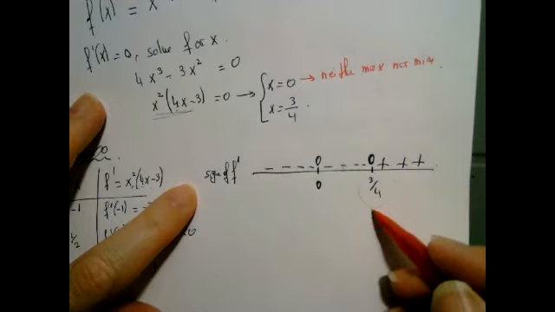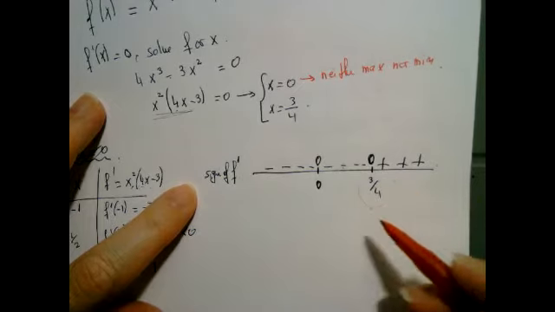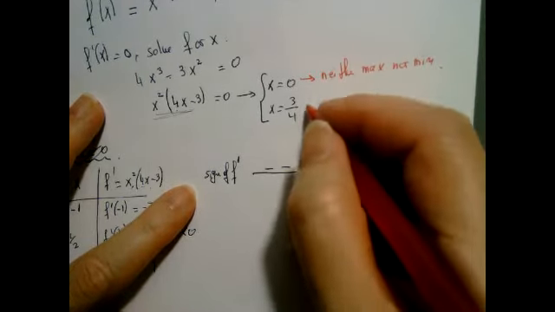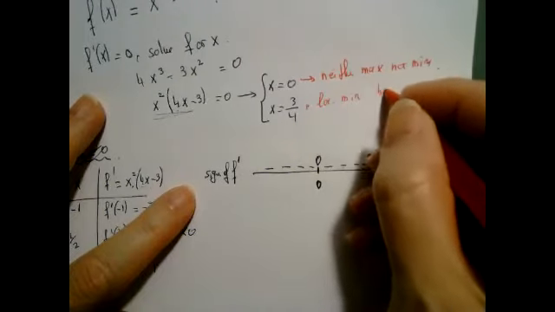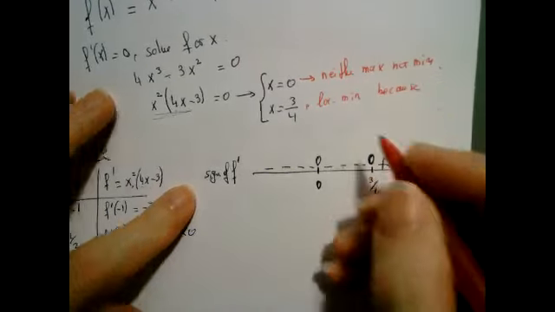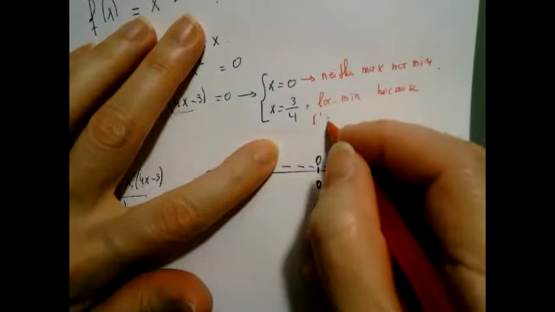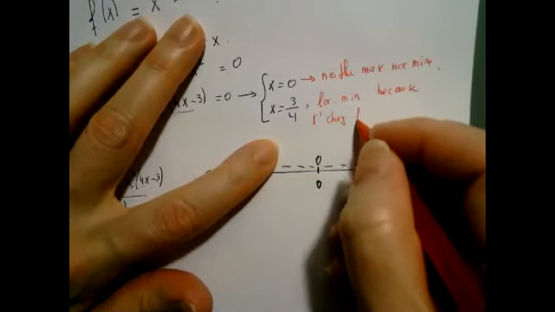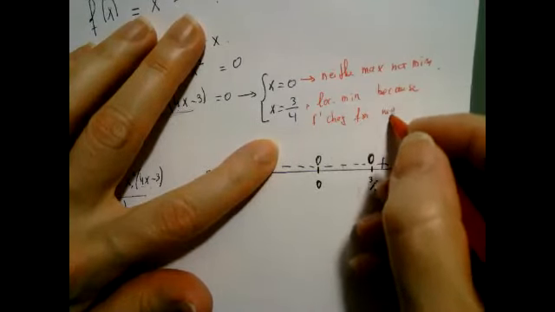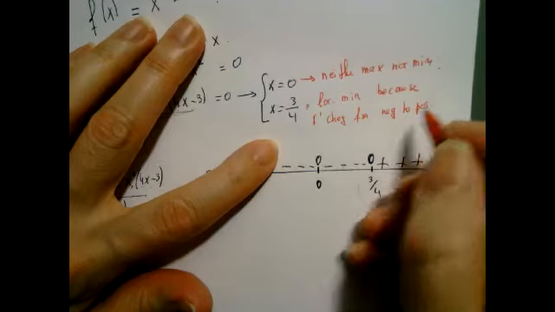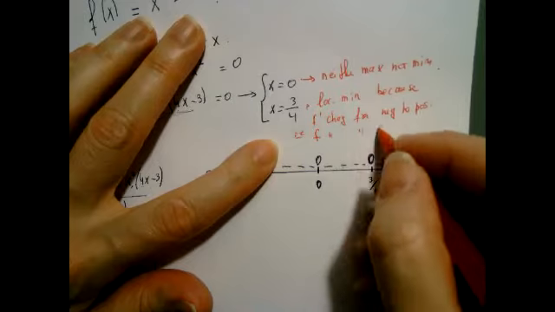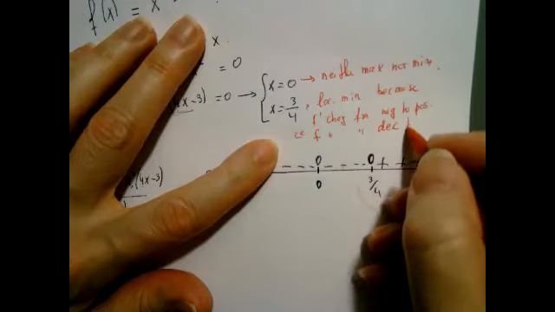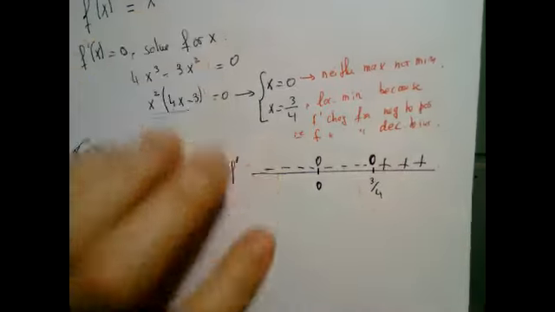So it means at this point we have a local minimum. So at x equal to 3/4 local minimum, because f prime changes from negative to positive. It means f changes from decreasing to increasing.